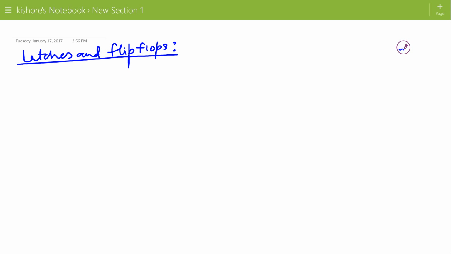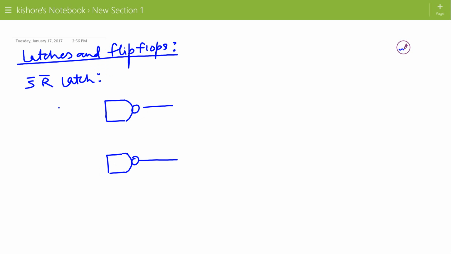We will start with S bar R bar latch. It is basically a cross coupled NAND gate circuit where output of first NAND gate is the input for second NAND gate and output of second NAND gate is the input for first NAND gate.